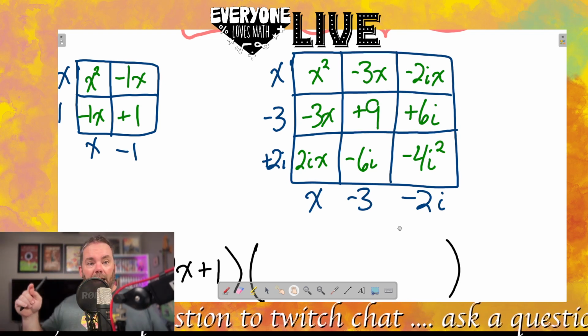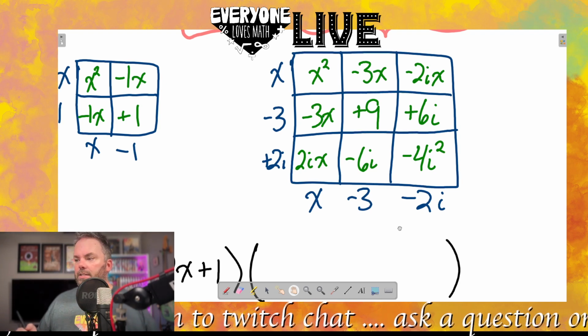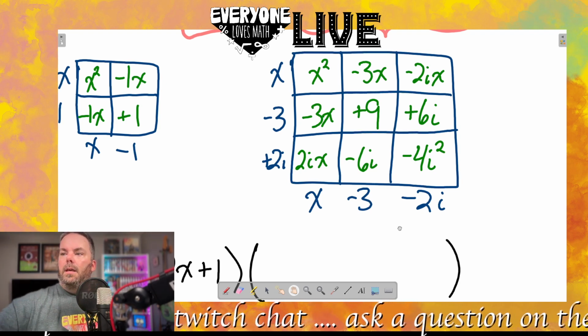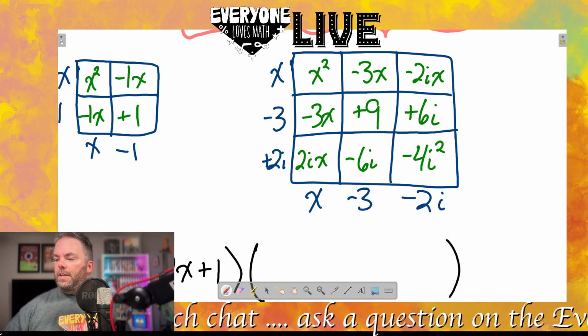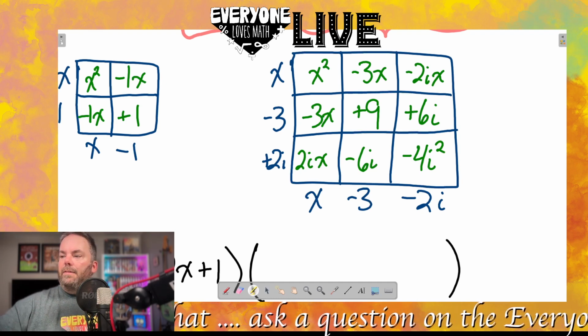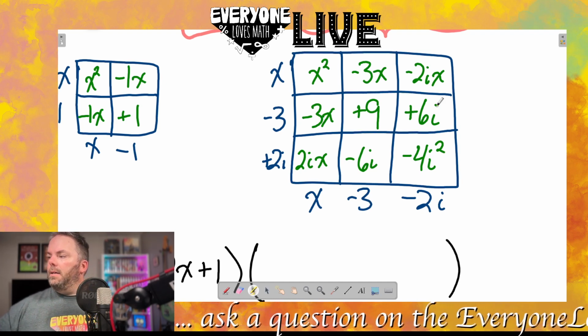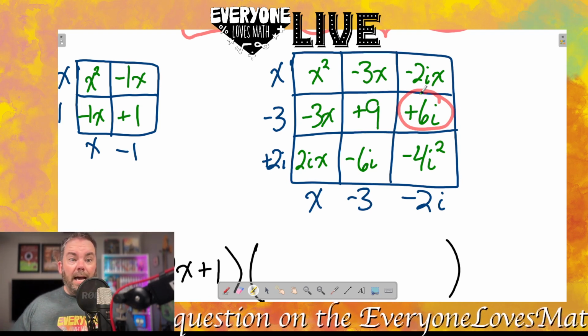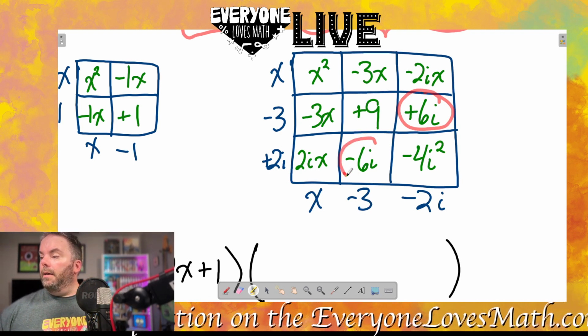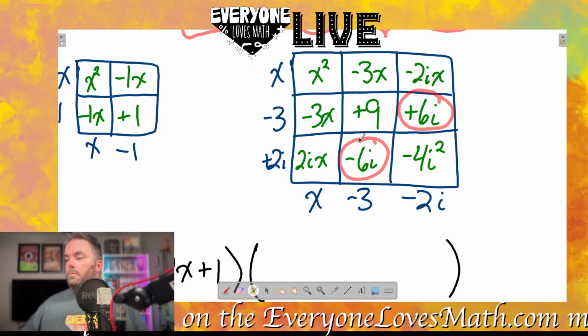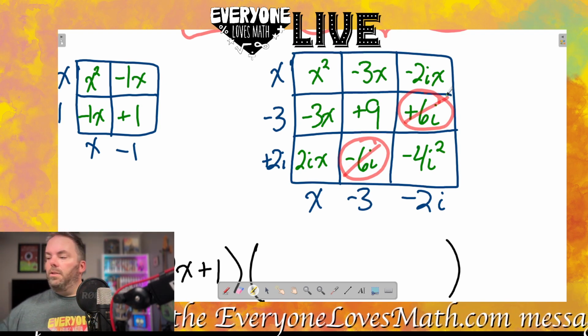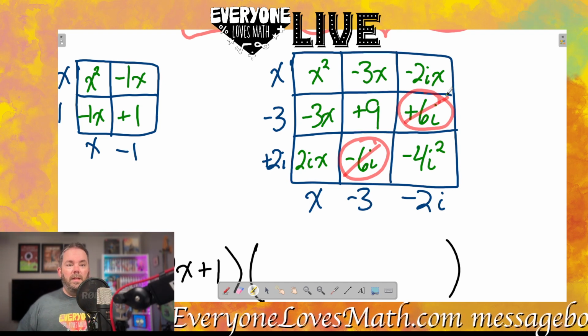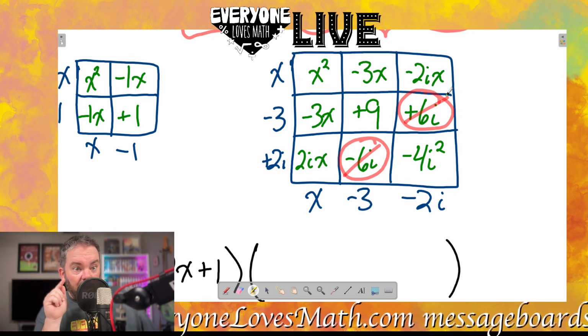We multiplied two factors that have conjugates. Well, look what happens. We do have victory here. Look at this: that's a 6i. I spy, with my mathematical eye, a negative 6i. Oh, look. Those make 0. That's the magic of conjugates.